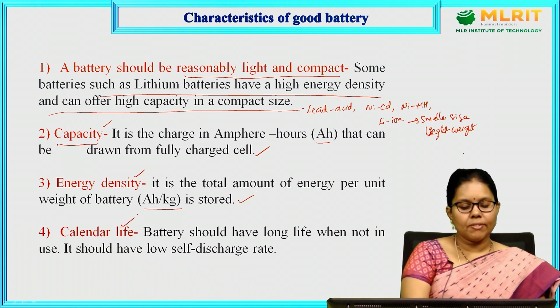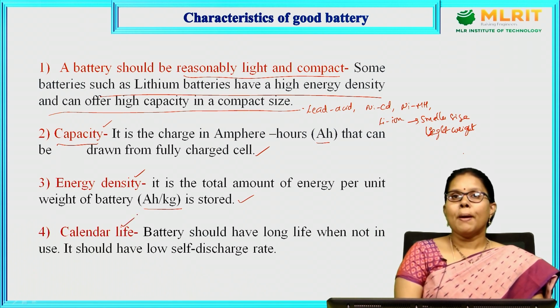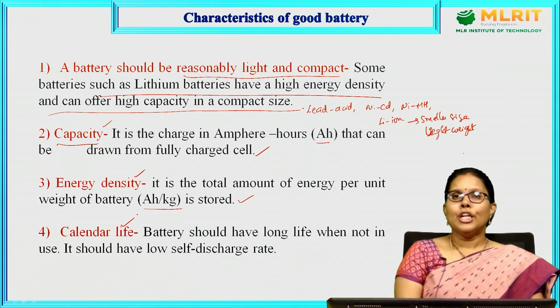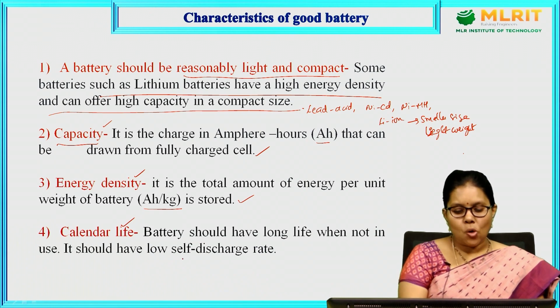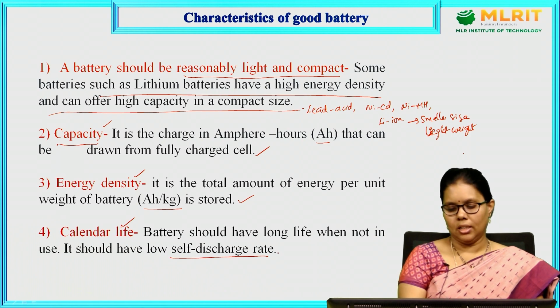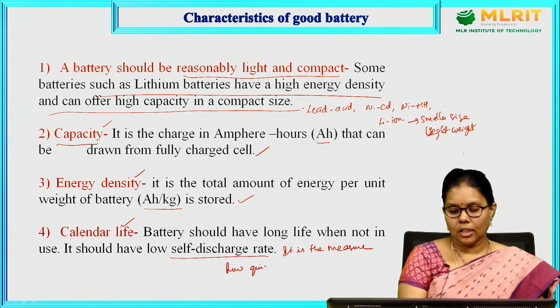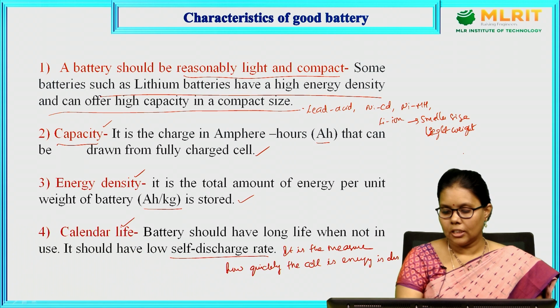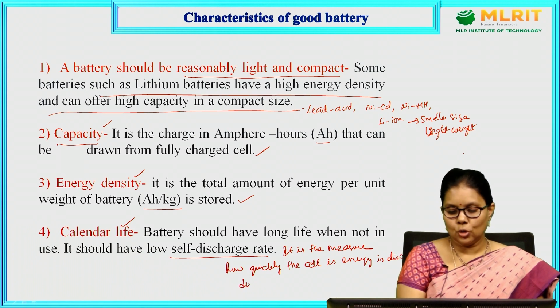The next characteristic is calendar life. A battery should have a long life when not in use. It should have a low self-discharge rate. What is meant by self-discharge rate? It is a measure of how quickly the cell's energy is discharged due to unnecessary chemical reactions.